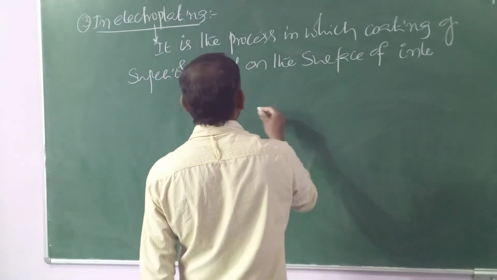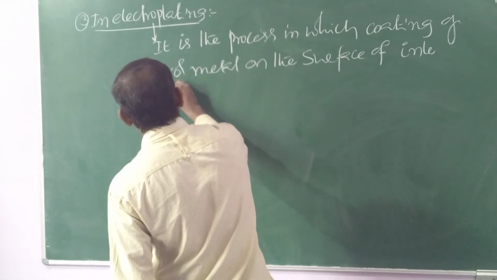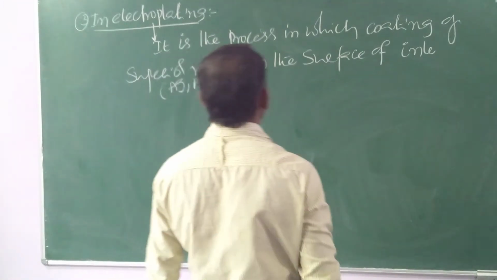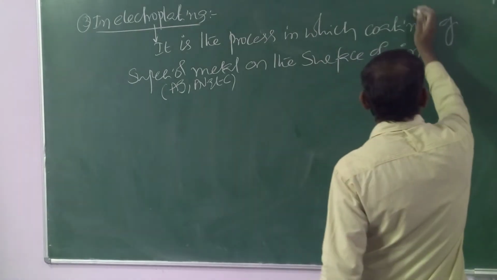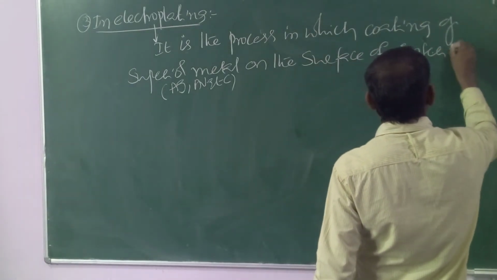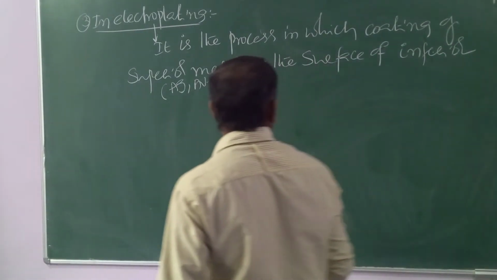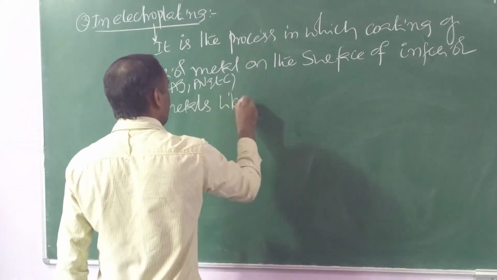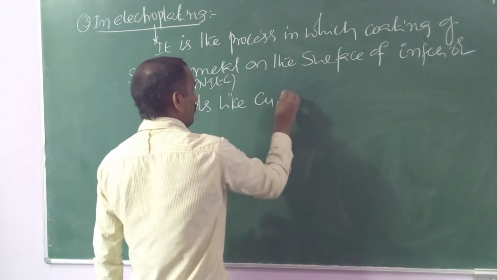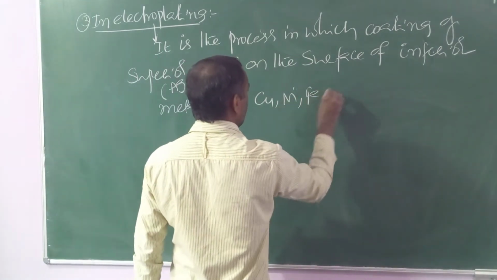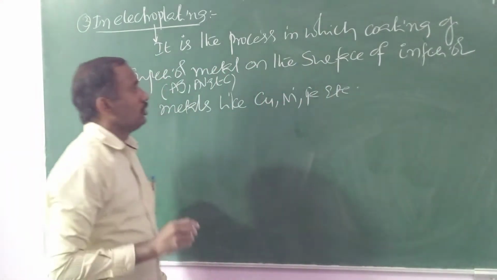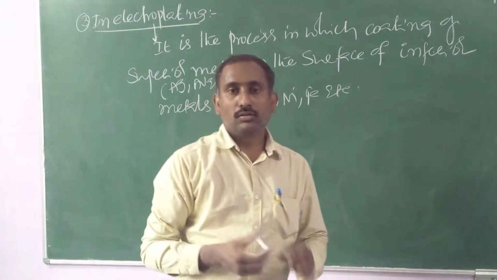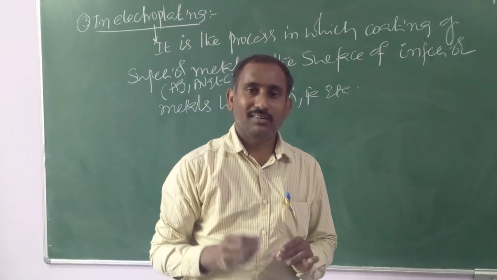Just for understanding purposes, I am considering silver and gold as the superior metals, on the surface of inferior metals like copper, nickel, iron, etc. For example, rolled gold ornaments or one gram gold.